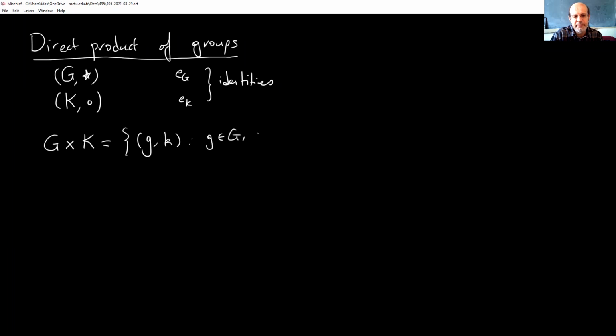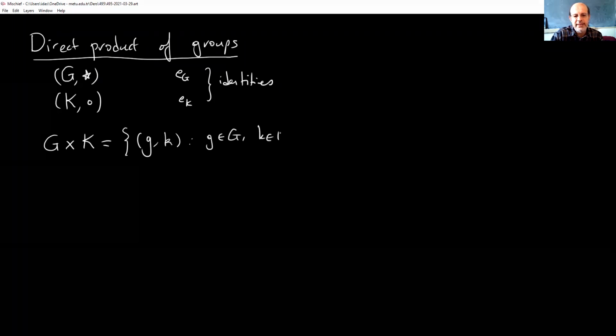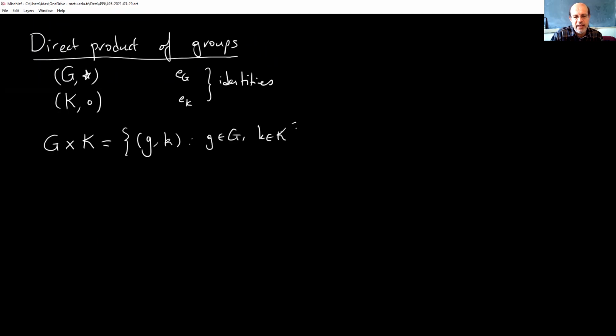Just remember this. This is something that we actually use a lot, like let's say R cross R, which is basically R squared. These are basically elements of that form. In any case, this is something that you already know from set theory. That is why I'm doing this.